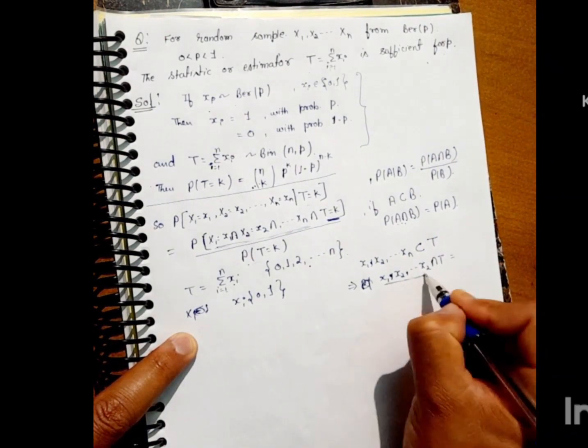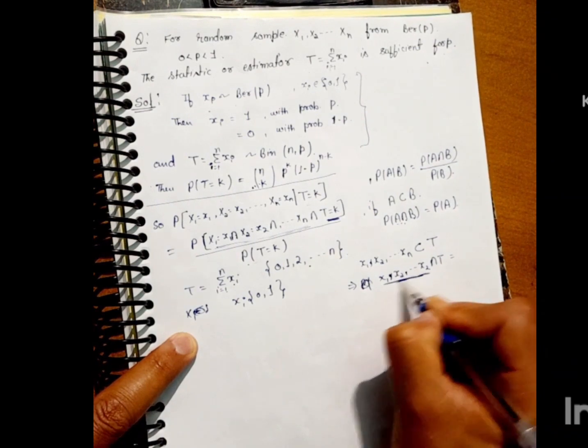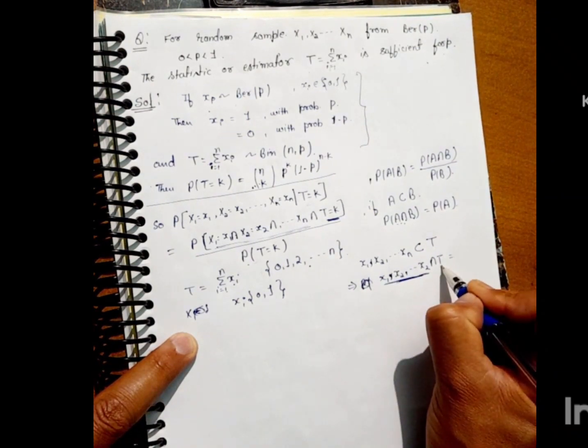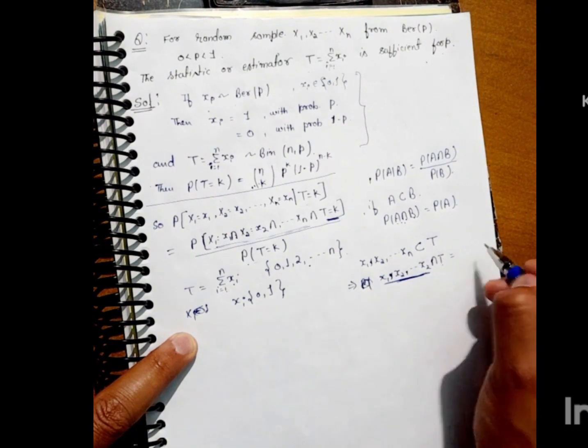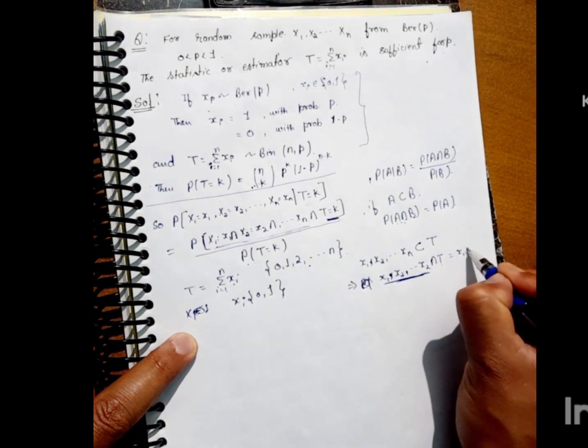Since all the values taken by this event are a subset of the values taken by T, it is simply this event.